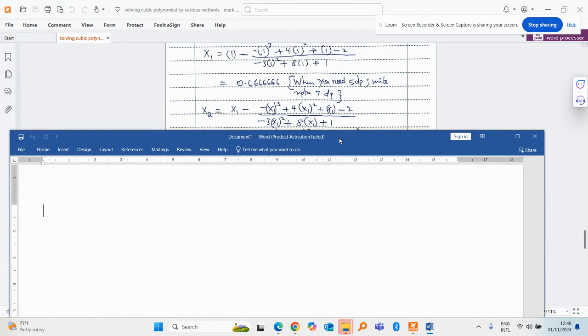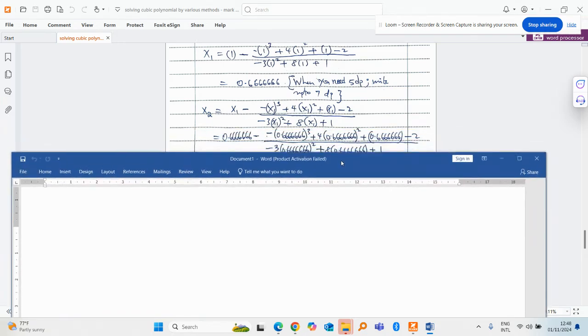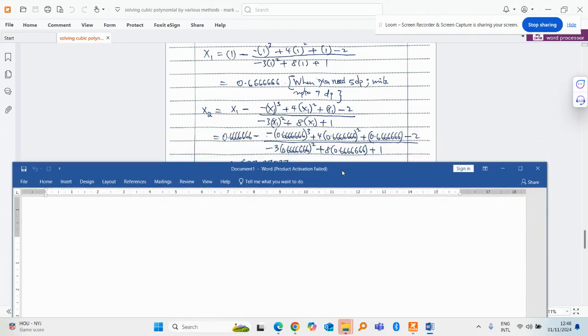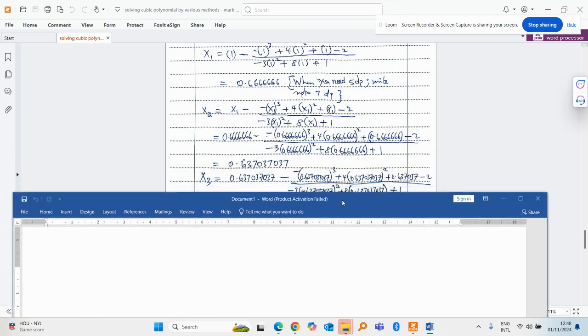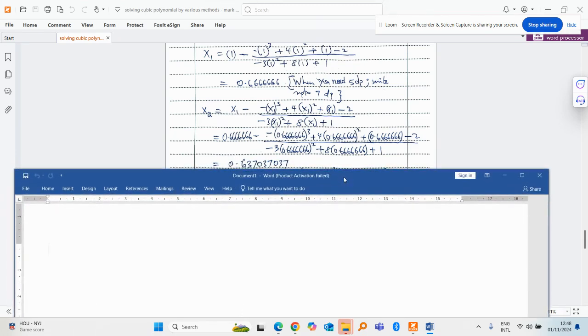The second iteration is as shown. You replace the values of x with x1, that is 0.666, like that. So that is how you replace, and that is the value you get for the second iteration.